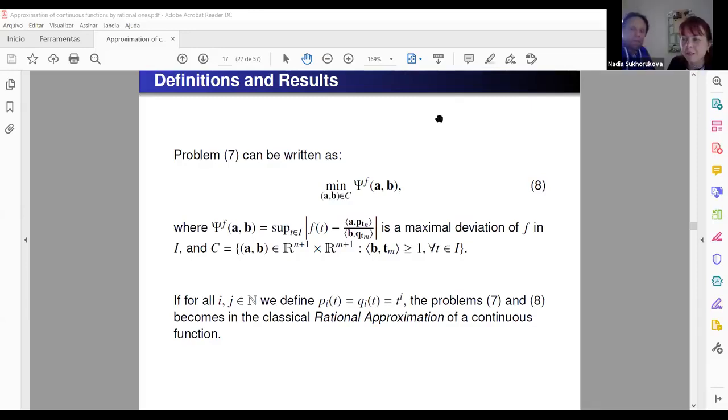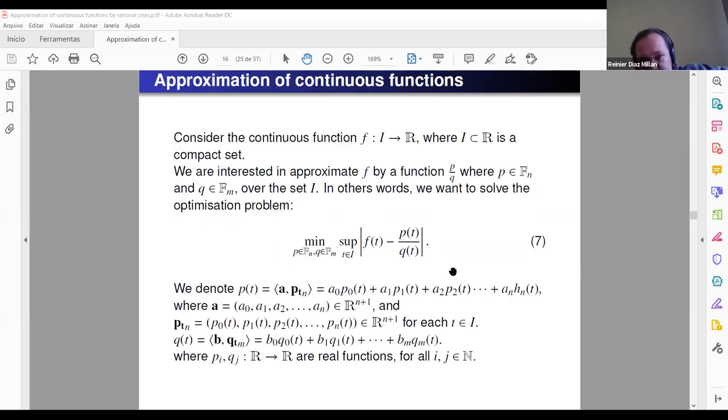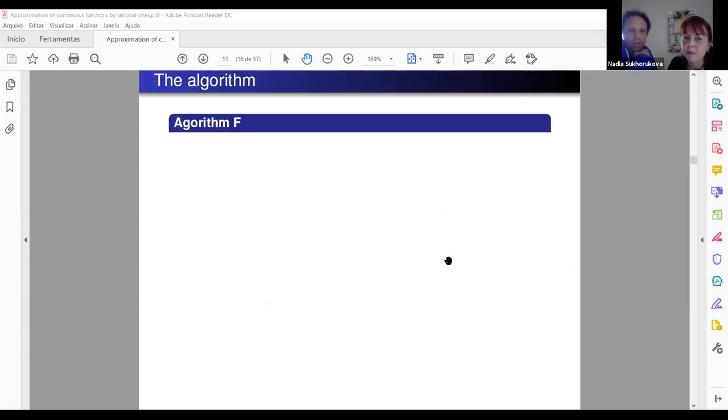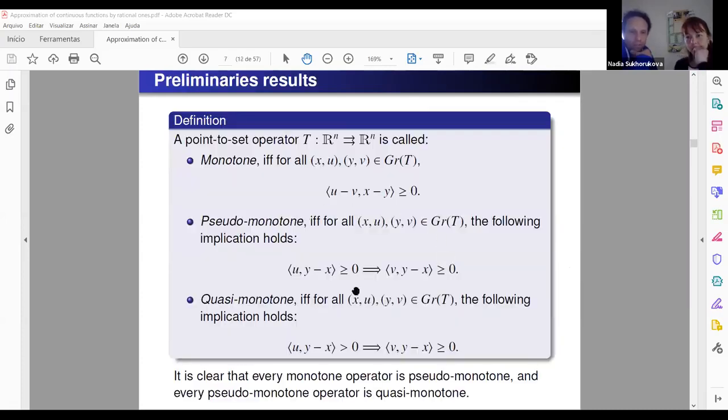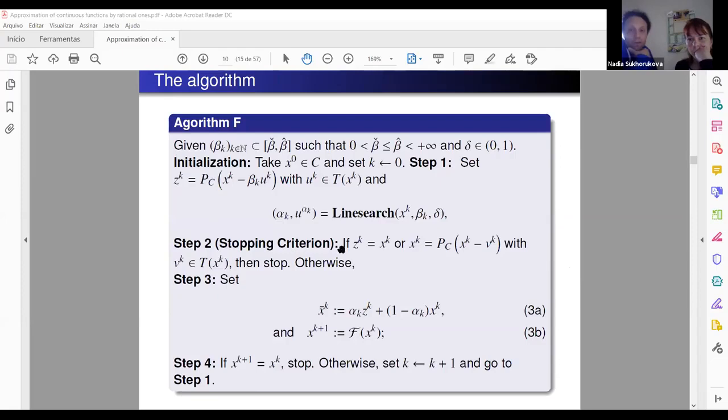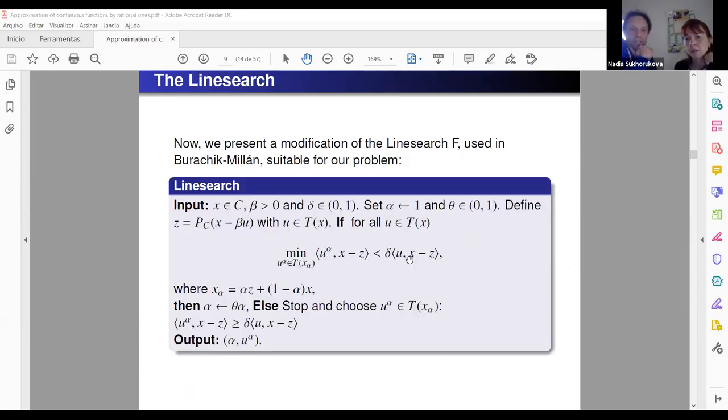I think, to complete that, the Clarke subdifferential is actually quite simple in that case. Exactly. I agree with Reinier that the function itself is not as simple as it looks. It's a bit deceptive, but for the Clarke subdifferential we have an explicit formulation. So that's one of the reasons we're using it.